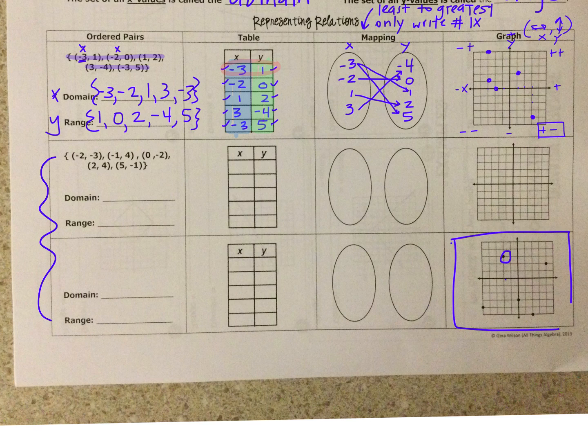I go to the left 2, so it'd be negative 2. 1, 2, 3. Up 3. So that's my first point. So go through and you need to write the coordinates for all these points. And then you can do the domain and the range and the table and the map.